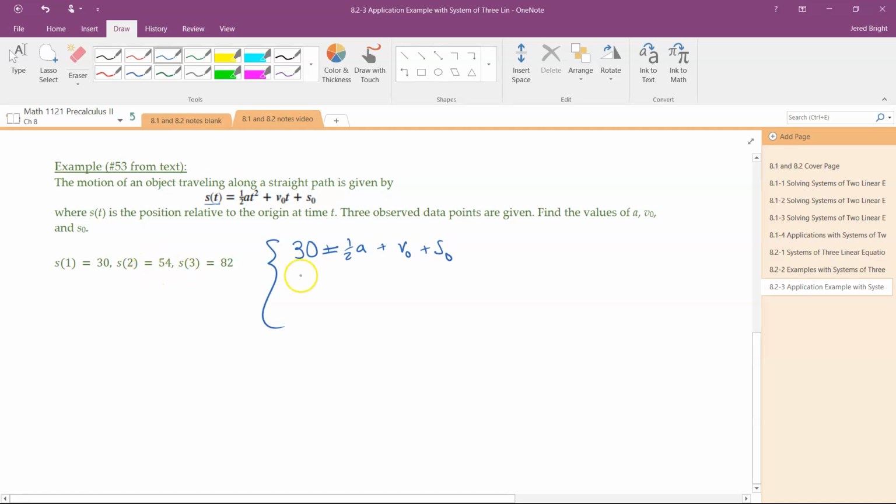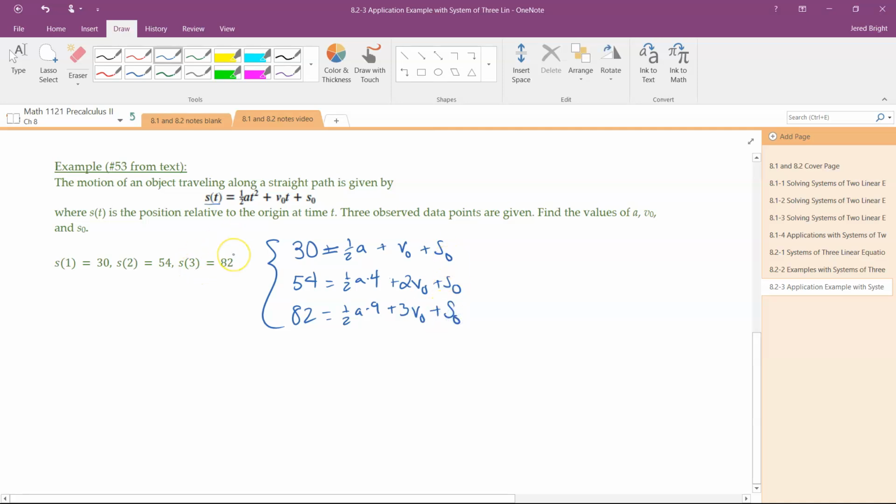Next, when I substitute that in, that's 54 is equal to 1/2 a, and then 2 squared is 4, so that's there, plus 2v naught plus s naught. And then lastly, 82 is equal to 1/2 a times 9 plus 3v naught plus s naught.